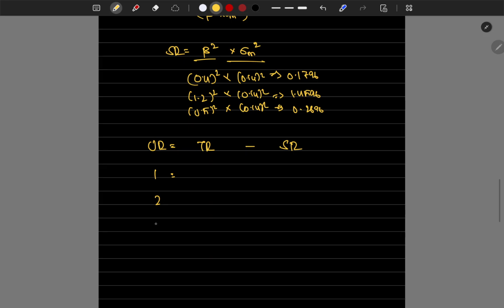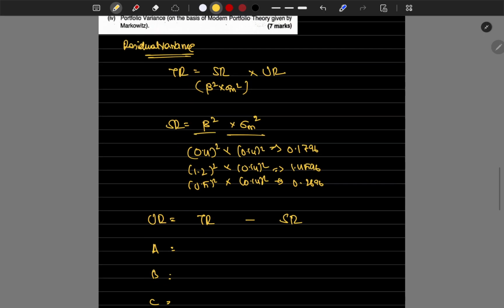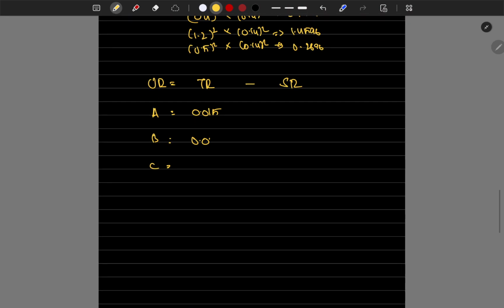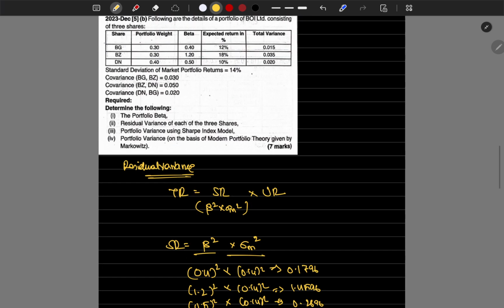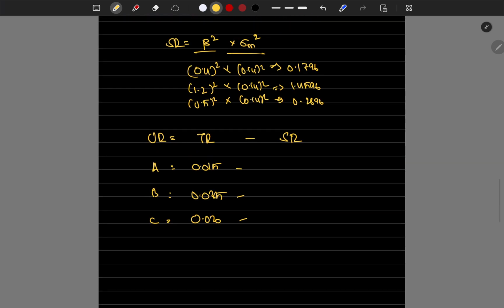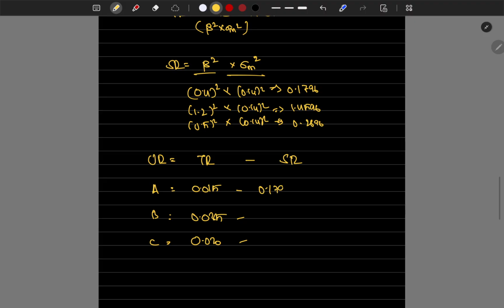Security 1, 2, 3, sorry, ABC, which I will keep: 0.015, 0.035, 0.020, minus systematic, which is 0.1796, 1.4596.